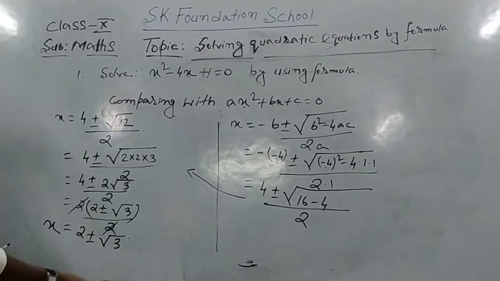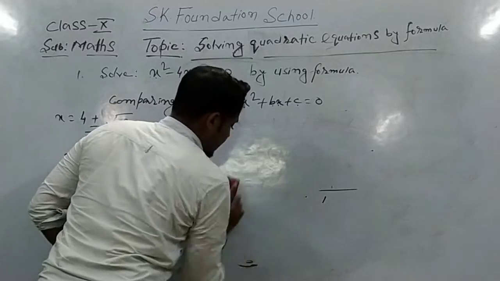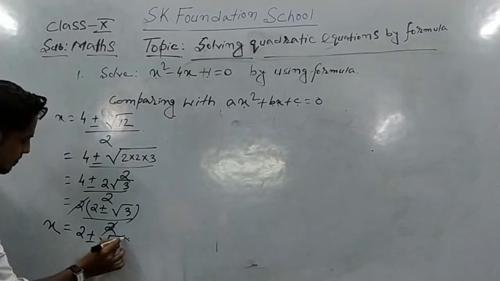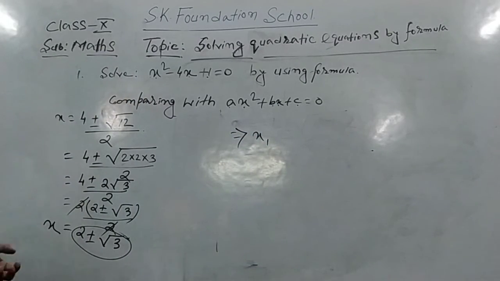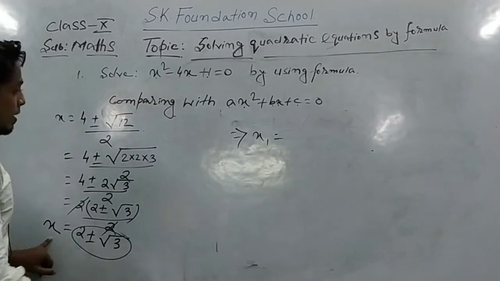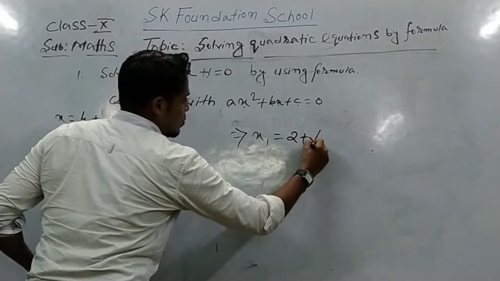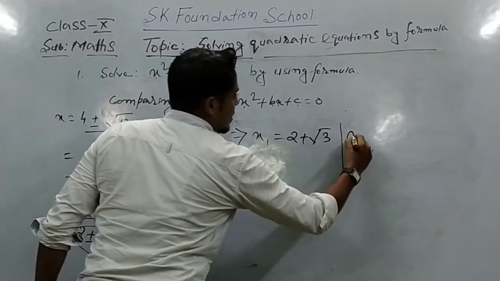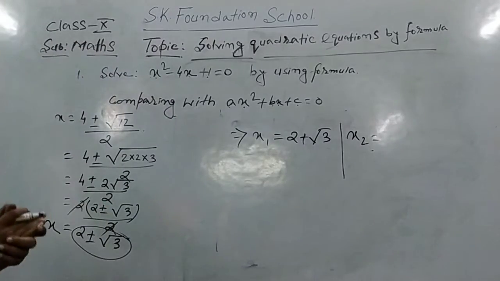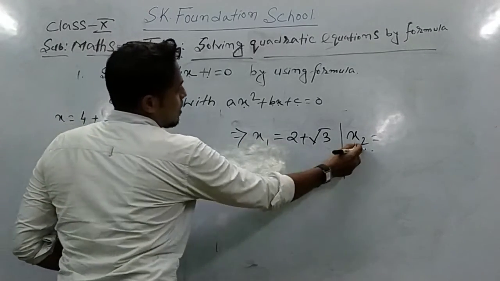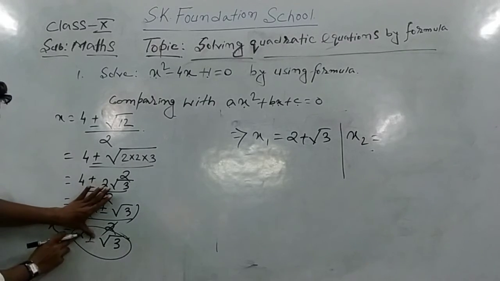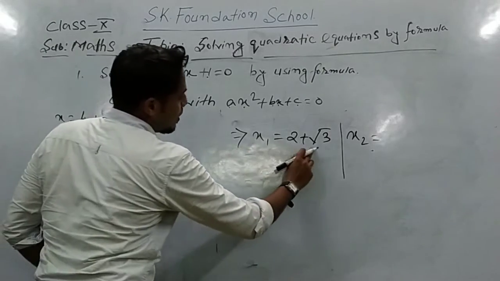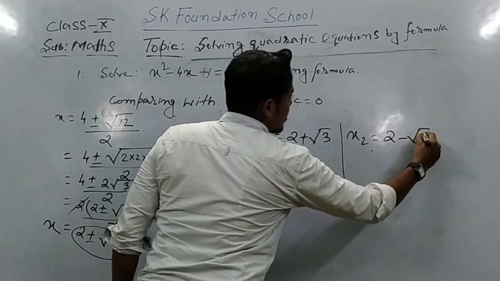That's why we convert this into this form: x1, the first root, which is 2 plus root 3, and x2, the second root, which is 2 minus root 3.